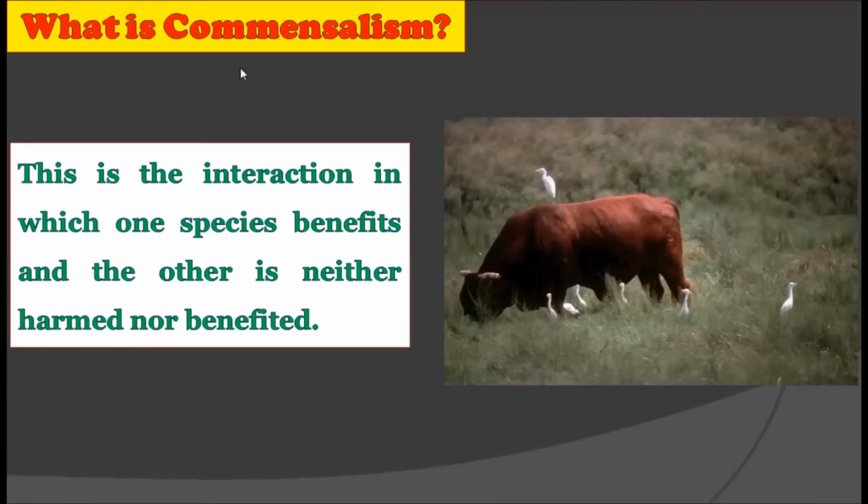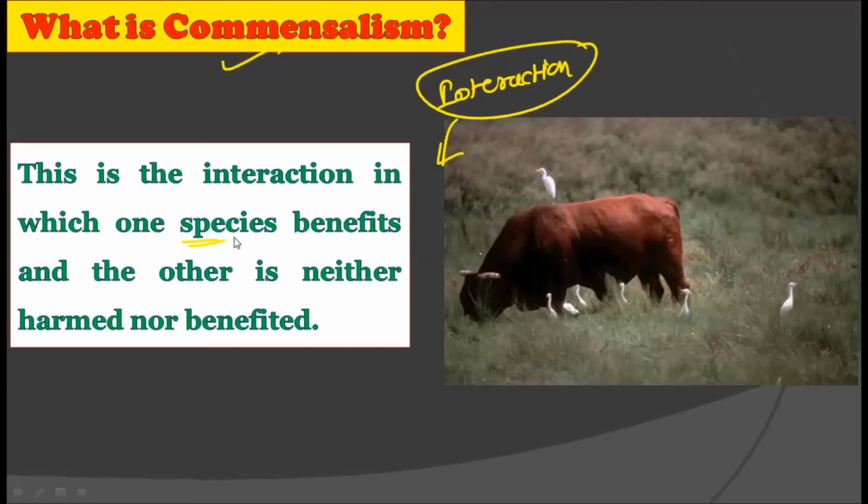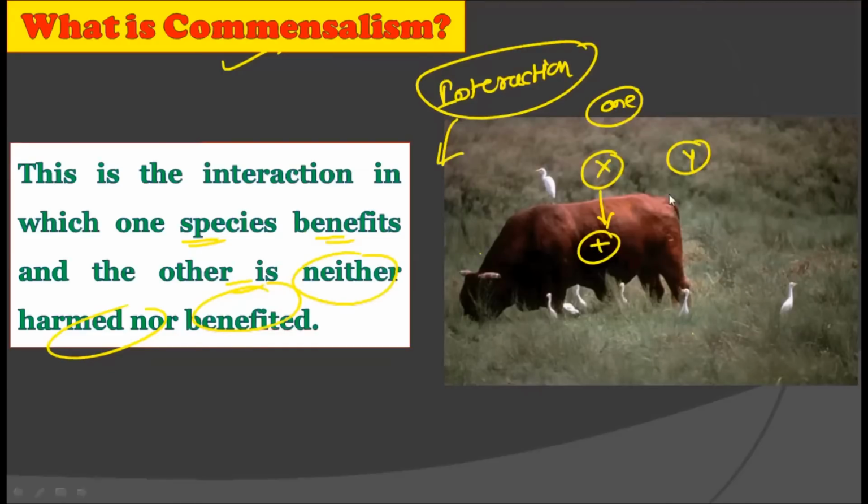Now, first of all, what is meant by commensalism? As you know, this is an interaction which takes place in an ecological arena, that is, an ecosystem, in which one species gets benefited and the other species neither gets harmed nor gets benefited. That is, if we consider species X interacting with species Y, and X is getting benefited while Y is neither benefited nor harmed, then such a type of interaction is called commensalism.